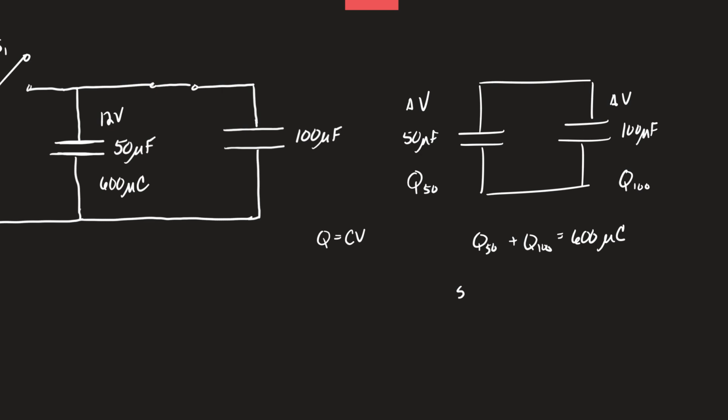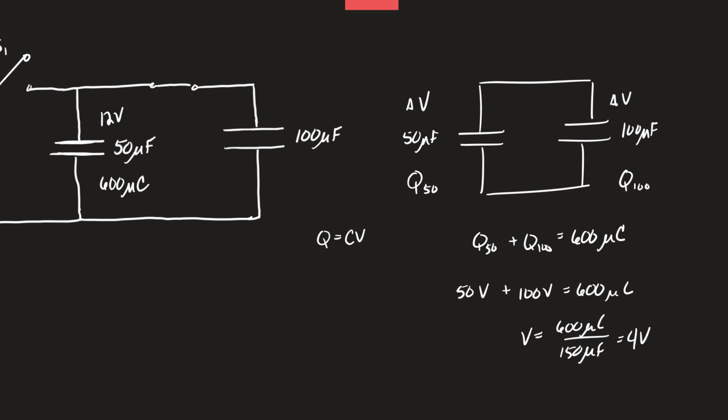So 50 times V plus 100 times V has to equal 600 microcoulombs. The 50 and the 100 are both microfarads. So this gives me V equals 600 microcoulombs divided by 150 microfarads, which gives us our 4 volts. I think this is the easiest way to get to the answer.